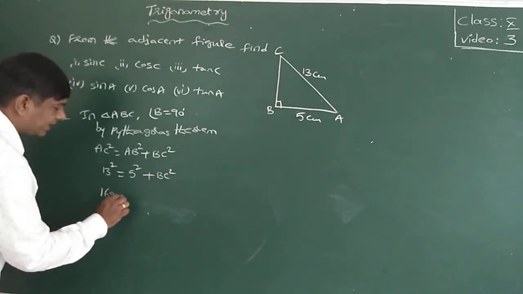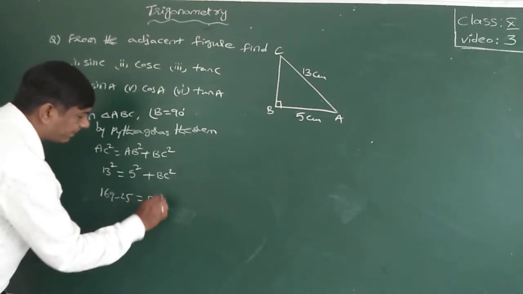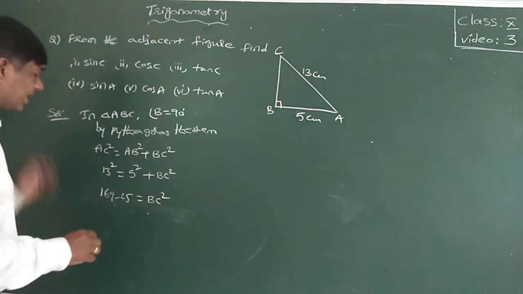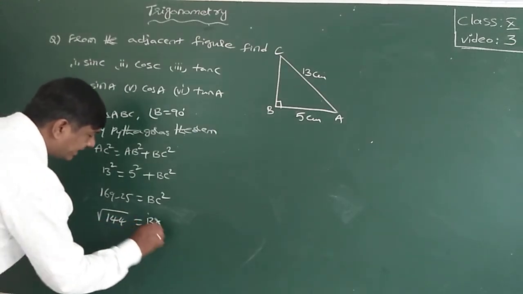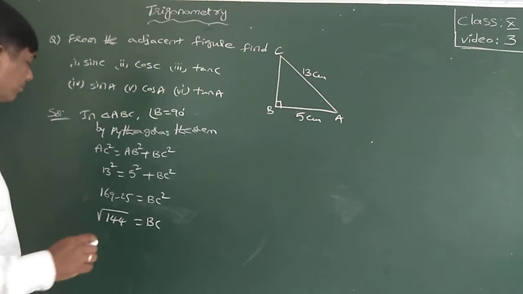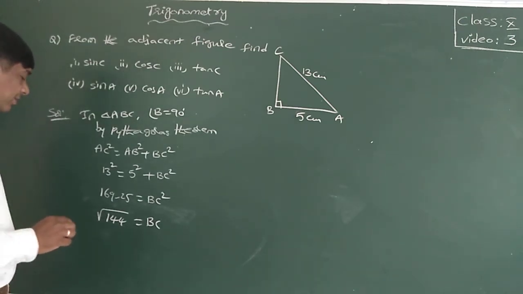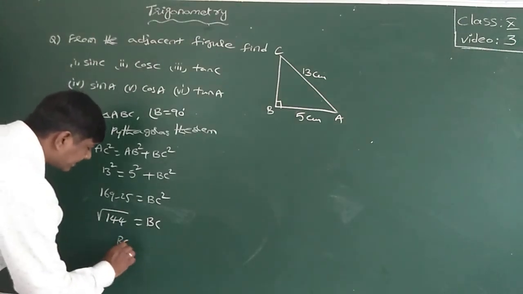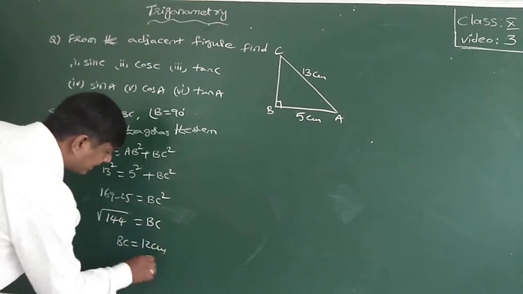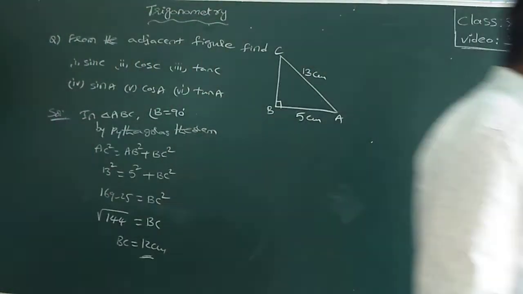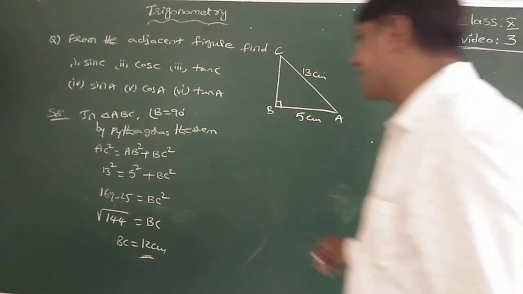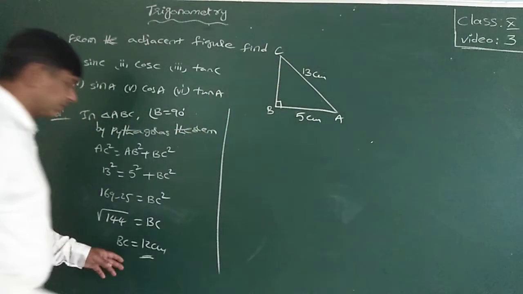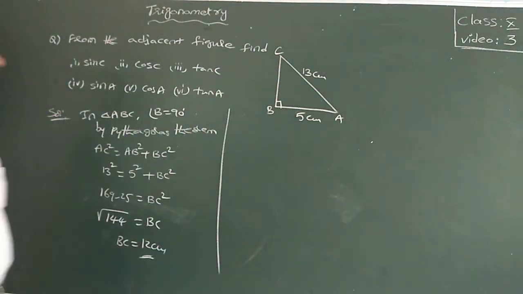Now 169 minus 25 is equal to BC square. Square transposes to the other side, root of 144 is equal to BC. That implies BC is equal to 12 centimeters. Here the root value is plus or minus, but sides of a triangle can never be negative, so negatives we don't consider anywhere.